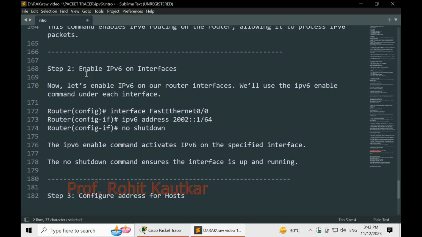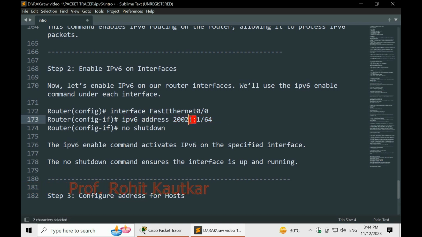Then the second step is enabling IPv6 on the different interfaces. For a router, whatever interfaces we are going to use, we have to assign an IPv6 address to all of them. For that purpose, first we access the specific interface, like here I am accessing FastEthernet 0/0, and then I specify the IPv6 address for that interface. Our command will be ipv6 address.